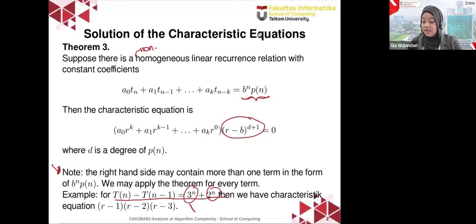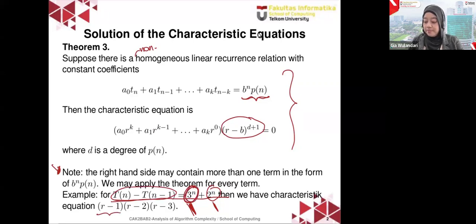This is the first one, and this is the second one. So each term will contribute one factor or one set of vector. So we can apply this theorem for every term we have. For the first term from the left hand side, we will have r minus 1.